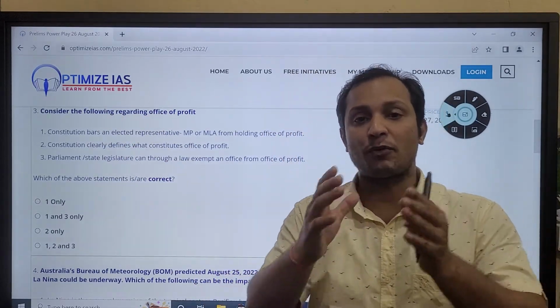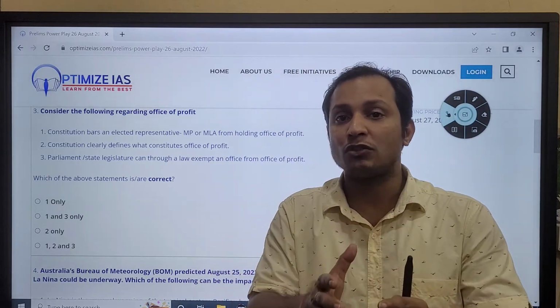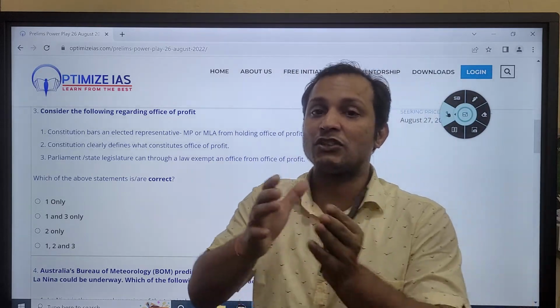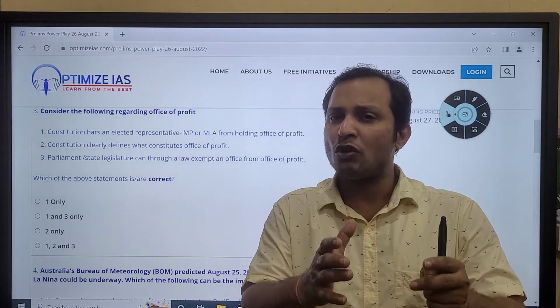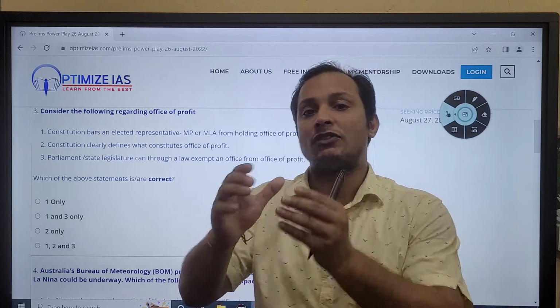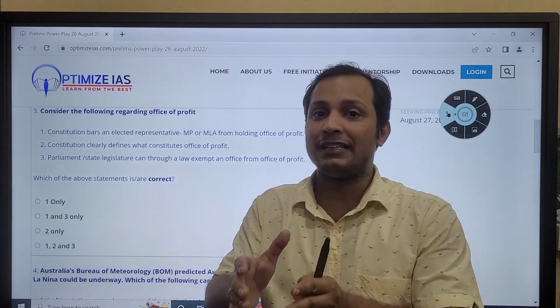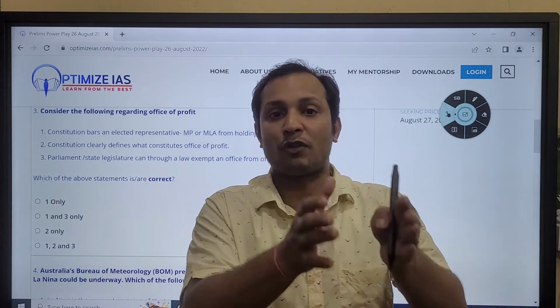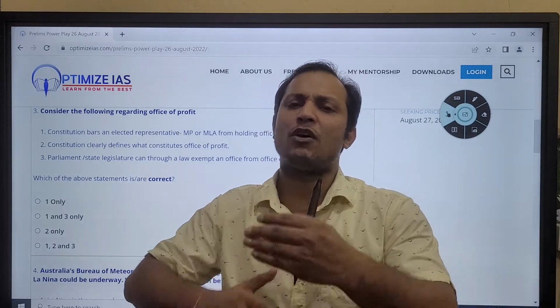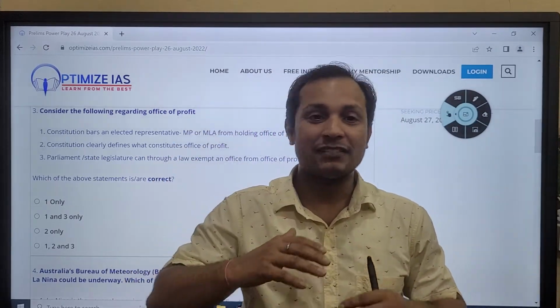Guys, office of profit has been there in our constitution in order to safeguard separation of power. The role of elected MPs and MLAs is to make the government accountable. But if these elected MPs and MLAs are given an office of profit where they get some kind of monetary benefits from the government, don't you think their independence will go down?